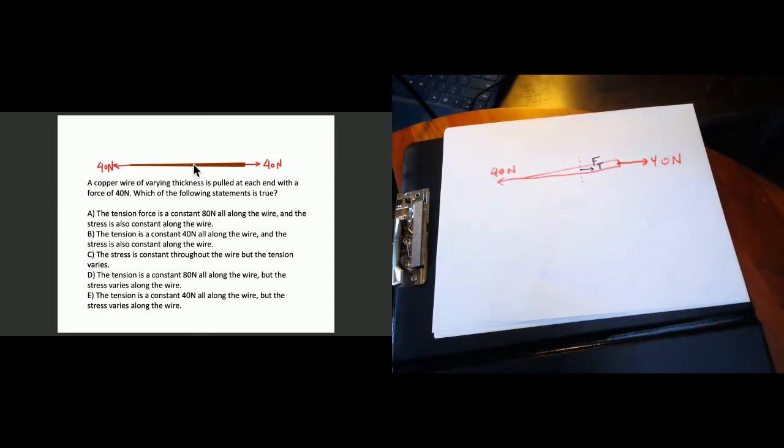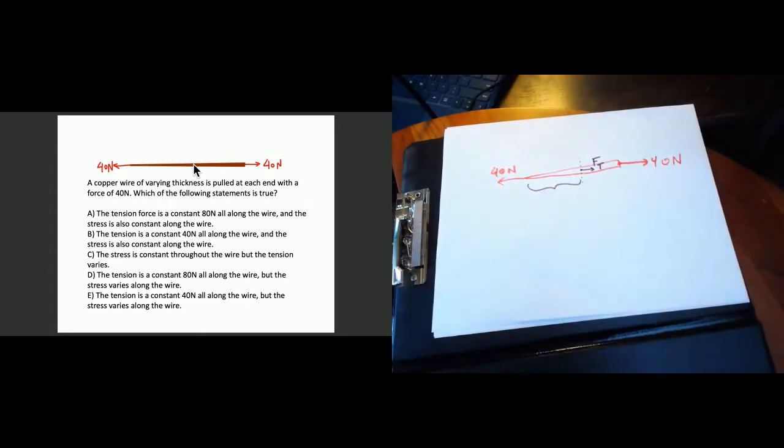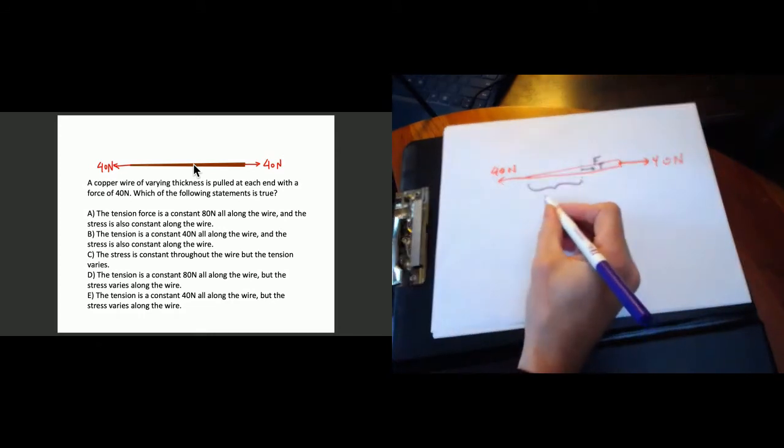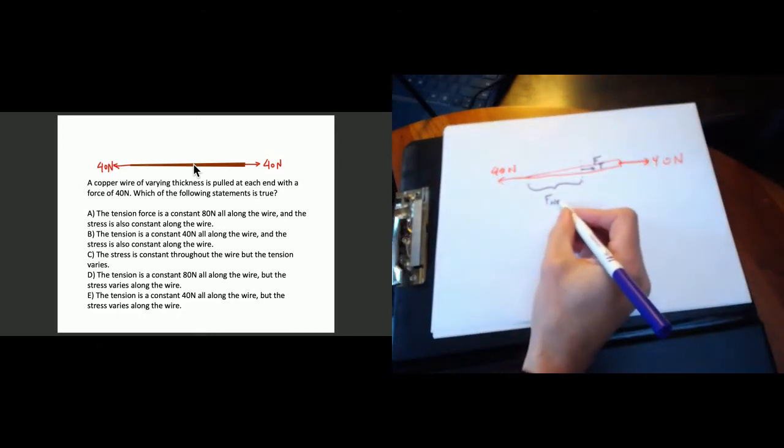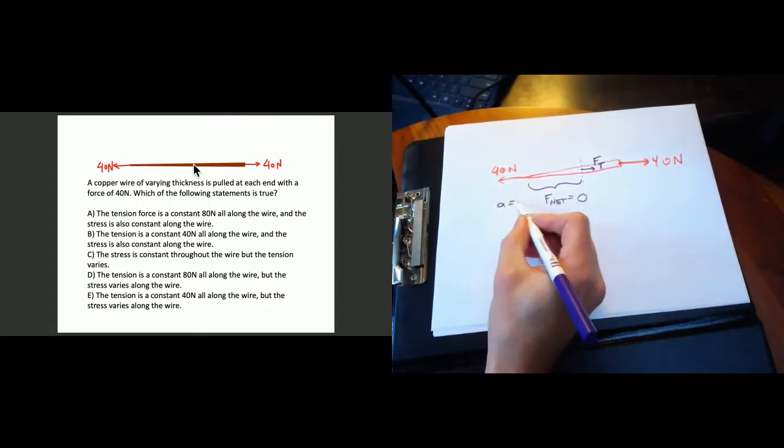So what is that force? Well, a way to understand it is to look at the net force on that part of the wire. Because it's an equilibrium situation, it's a static situation, we can say that the part of the wire on the left is not accelerating. And so what we know is that the net force is equal to 0 because a is equal to 0.